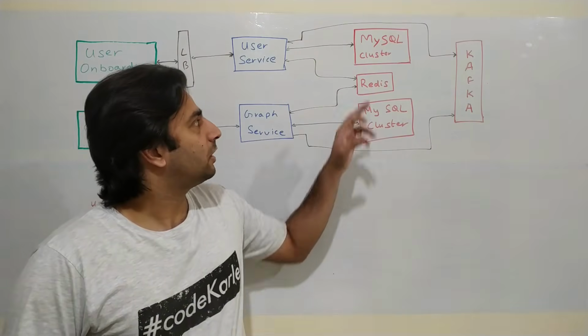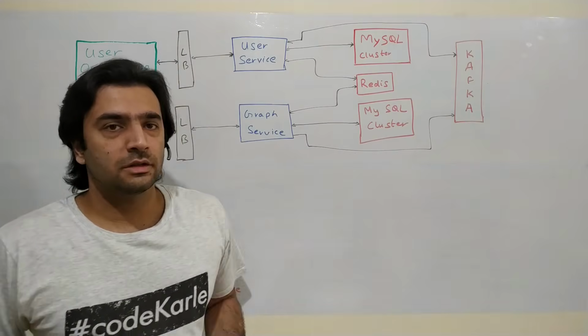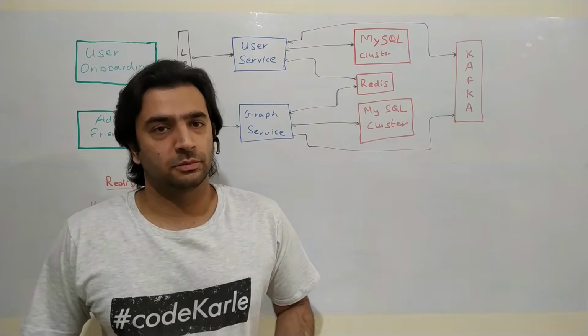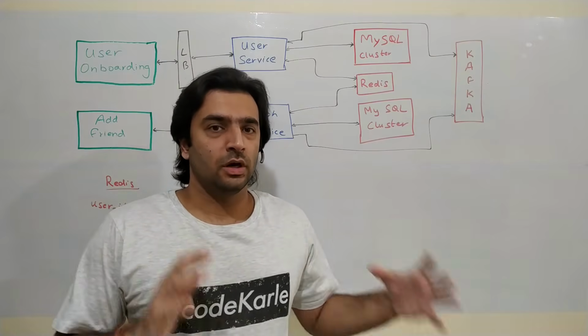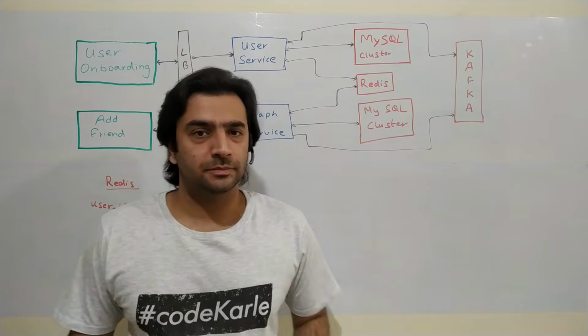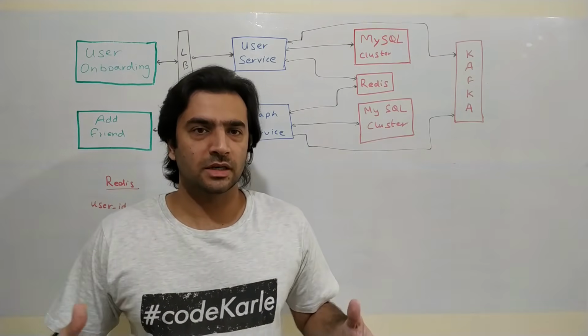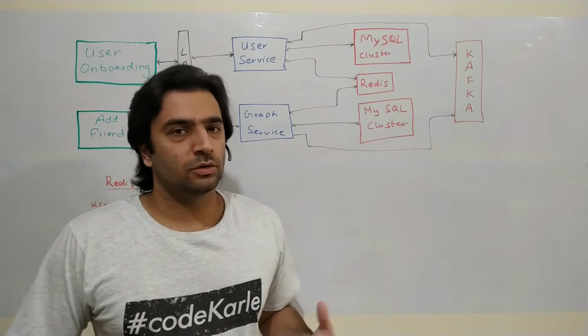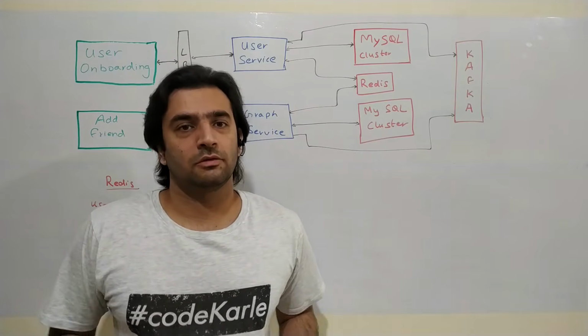Now it also sits on top of a Redis cluster. What that Redis does is it basically caches a lot of information. So like Twitter video, we'll also be using a lot of Redis and a lot of caching here, at least for now, and we'll go over what all is cached at what points in time. But to start with, the very first thing that stays in Redis is basically all the user information.